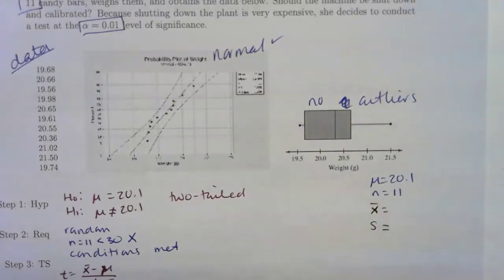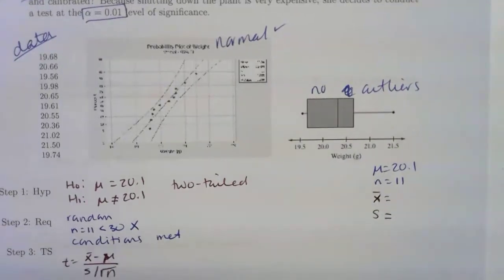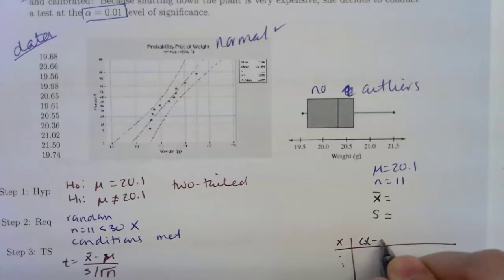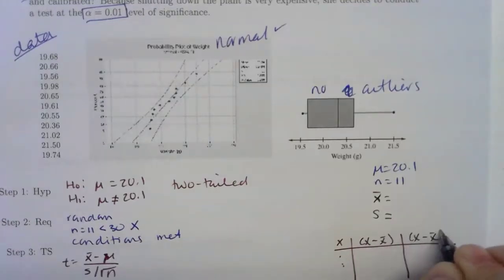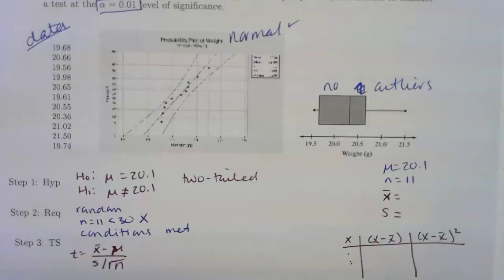And then s, it'd be good practice to go through this. S is the one where we set it up as a table. So x, all your data, x minus x bar, and then you squared those values, and then you had to add them up, divide, and take the square root. So I highly suggest you pause this and work through that to make sure you still understand how to do those things.